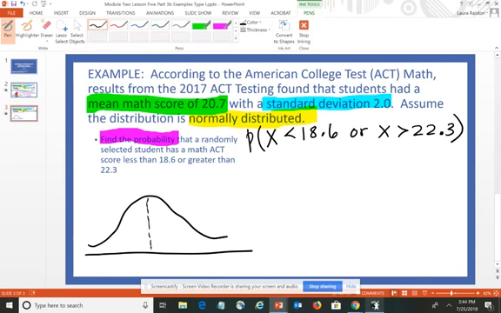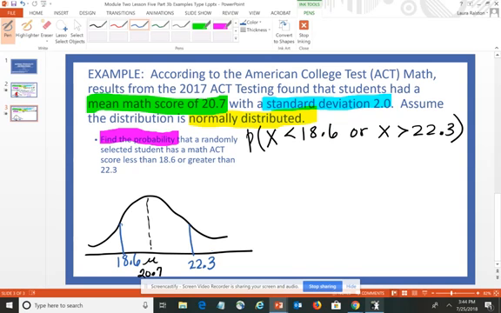My mean is in the middle, which is 20.7. I have a point of interest on the left, which is 18.6, and I also have one on the right, which is 22.3.